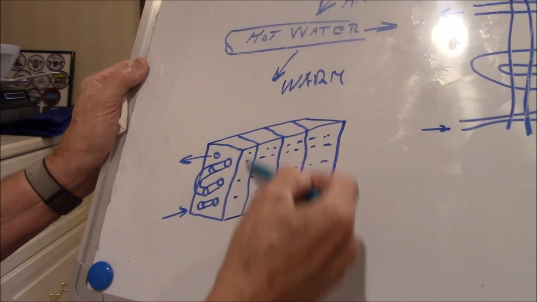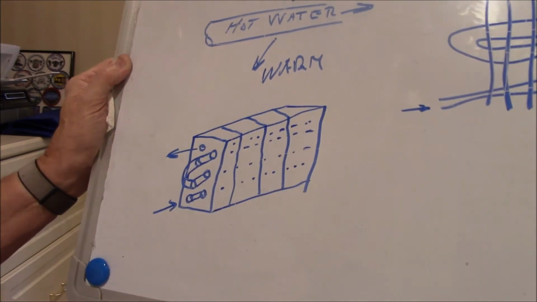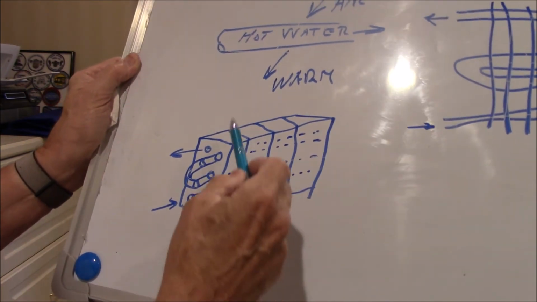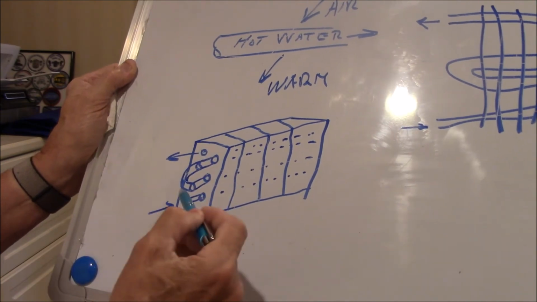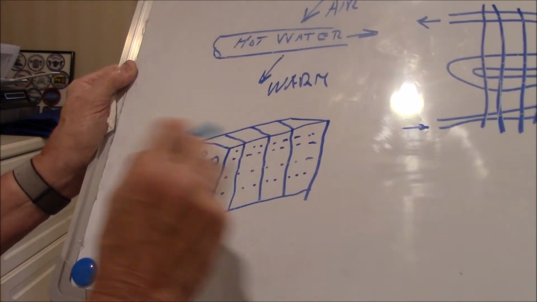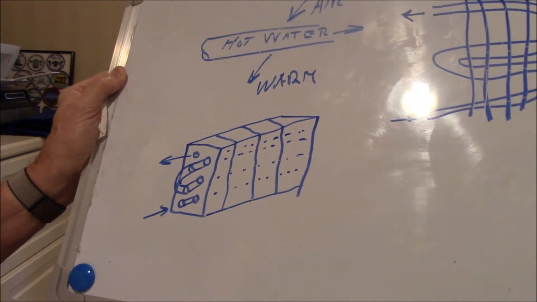And then you have fins all along here as close as a 1/16 of an inch to each other. And then you run the air through this, and if this is cold refrigerant in here, then your warm air gets cooled. So that's the basic heat exchanger.